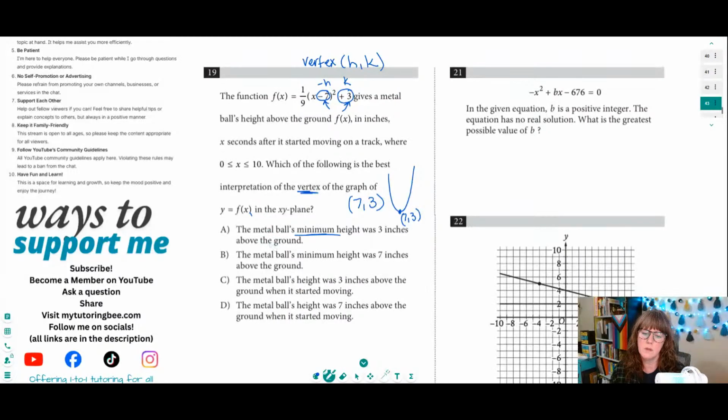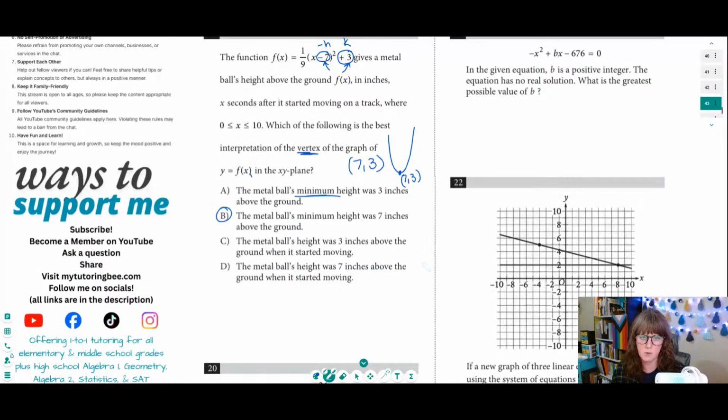So the minimum would be 7 inches because it looks like, let me give myself a little bit more room here. If we were to graph this on a coordinate plane, oh, no, I'm sorry. It's got to be A because Y is how high the ball would be, and 7 would be how long it took. 1, 2, 3, 4, 5, 6, 7.